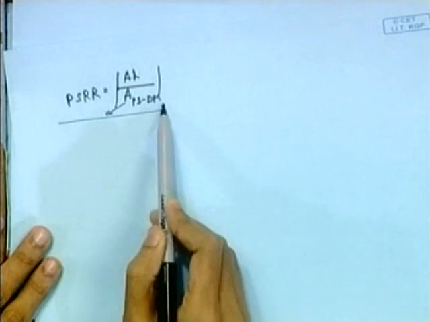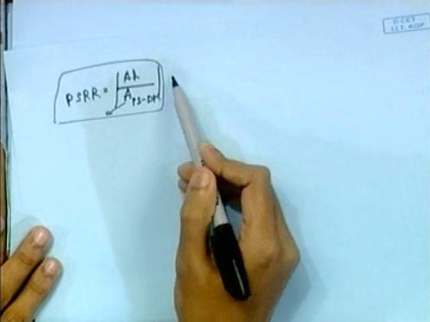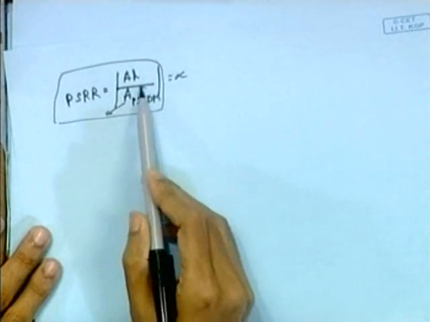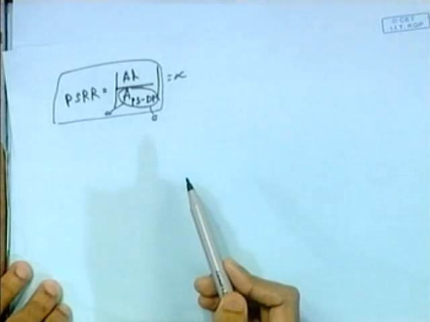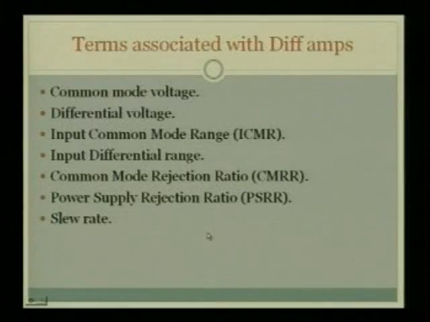So this is also known as PSRR, and we always want a higher value of PSRR. Ideally, this should be infinite because this gain is 0 for the ideal case. And slew rate, that I will discuss later. Okay. So these are our basic terminology, and this will be required many times when we discuss differential amplifiers.